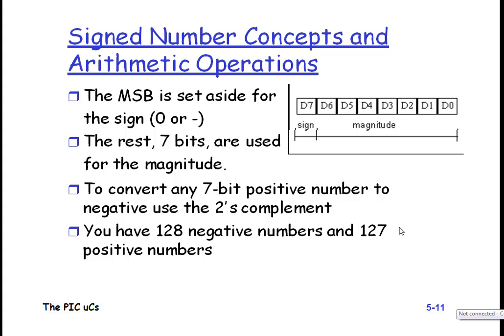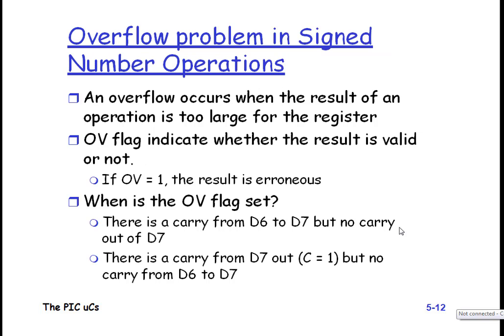So we have 128 negative numbers and 127 positive numbers. Overflow problem in signed number operations: overflow occurs when the result of an operation is too large. In the status register, the overflow flag indicates whether the result is valid or not. There are some conditions given.